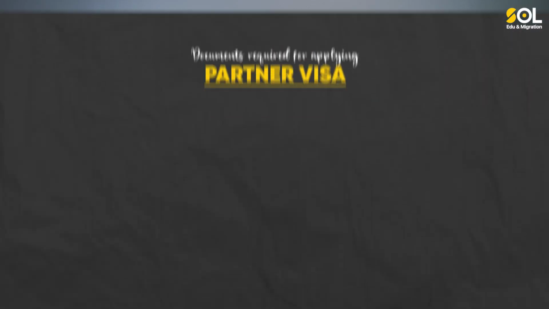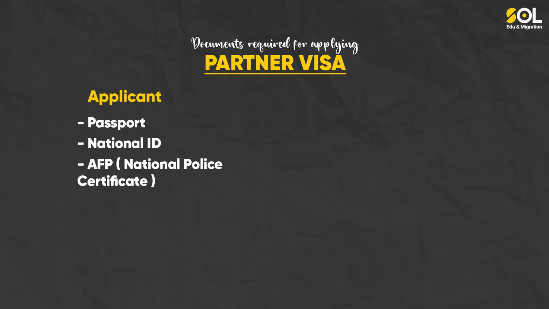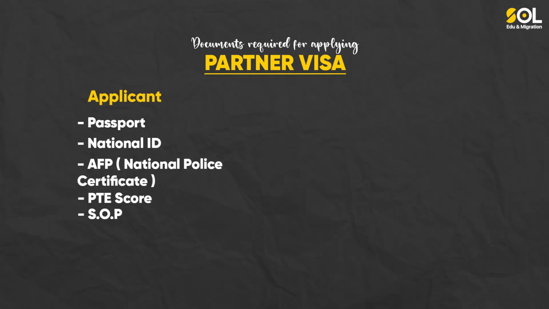So let's talk about the documents you need if you want to include your partner offshore. Let's say you are applying for a 485 visa. Your basic documents are straightforward: your passport, national ID, AFP federal police check, your PTE score, and your SOP, statement of purpose, explaining why you want your partner to join you while you are in Australia.